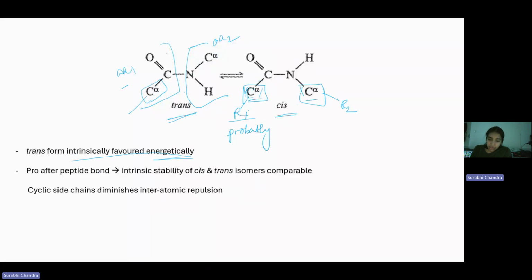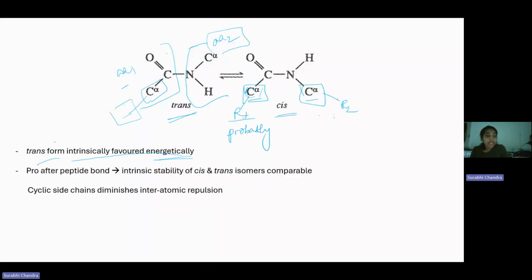Now there will be repulsion or steric hindrance or steric effects between these two moieties or the functional groups attached with the alpha carbon of these two amino acids. But then if they are placed away or opposite to each other, then there will be lesser steric hindrance, okay, or lesser steric interactions. So this has been found that the trans form is intrinsically favored energetically.